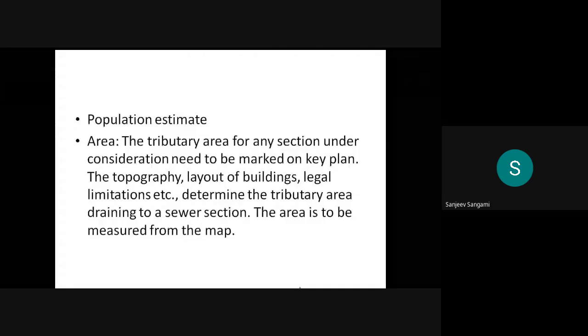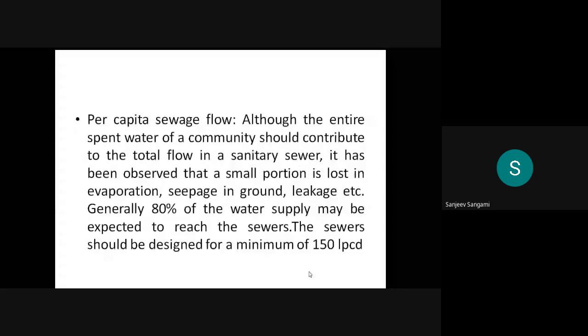Per capita sewage flow. Although the entire spent water of a community should contribute to the total sanitary flow, it has to be observed that a small portion is lost in evaporation, seepage, ground leakage, etc. That is why we consider it as 70 to 80%.